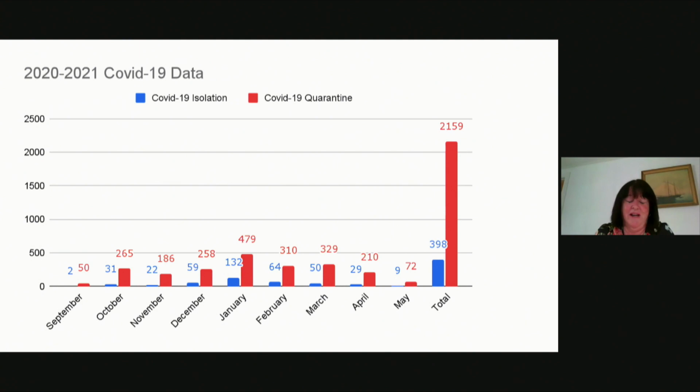And then we've also had 2,159 cases of quarantine that also is cumulative. So it includes people that have had to quarantine once or people that have had to quarantine 3 times. But when I put that data together yesterday, I was really kind of shocked that the quarantine numbers were that high. But the nurses have definitely seen it in the buildings.